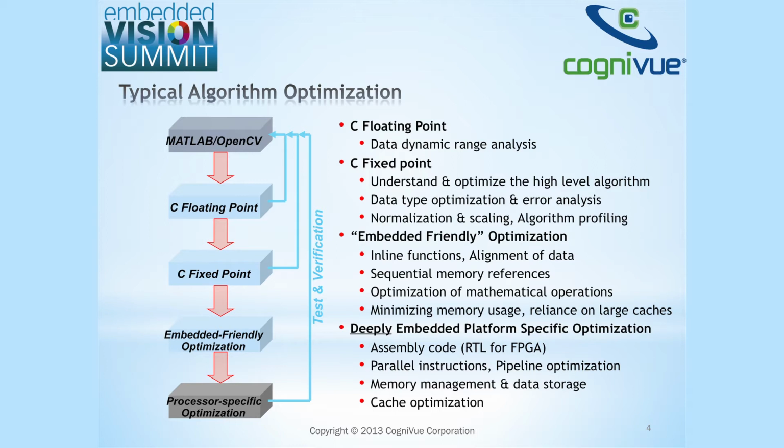And then the deeply embedded platform optimization issues can be down to actually looking at, even today, I know a lot of people still want to develop in C, but quite often you have to even look at assembler or algebraic assembler, or in the case of an algorithm being implemented on an FPGA, you're looking at RTL optimization.